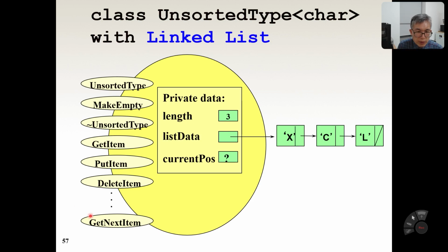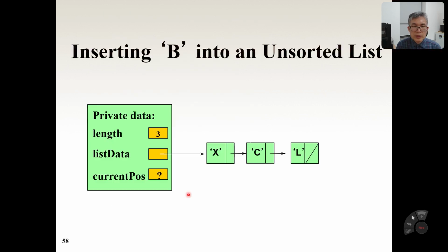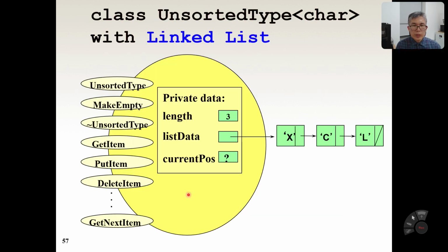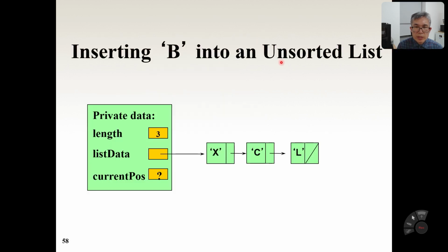On the left-hand side we have the constructor to make it empty, and the destructor for unsorted type, with the tilde and the class name. GetItem, PutItem, DeleteItem, and so on, and then GetNextItem can be implemented. So remember, this is a linked list based on unsorted type, the unsorted ADT list.